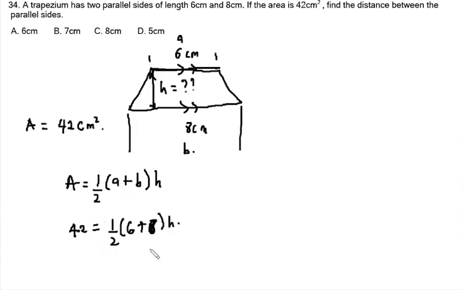From here, we can simplify: 42 is equal to 6 plus 8, which is 14, divided by 2, so we have 7h. So h is equal to 42 divided by 7, which is 6 centimeters. So the answer to this question is simply 6 centimeters. Let's go to another problem.